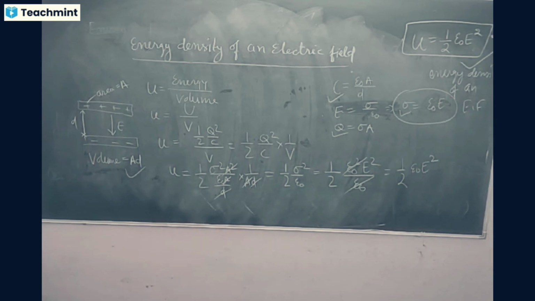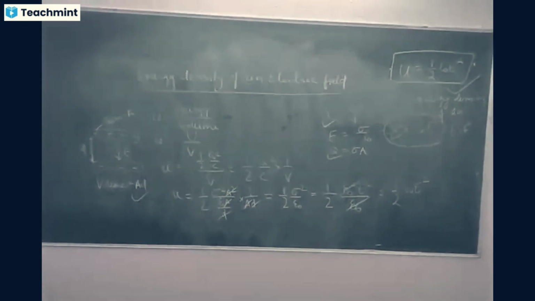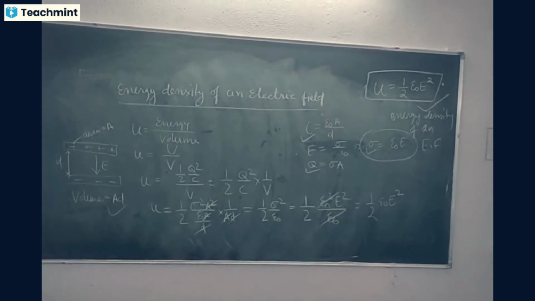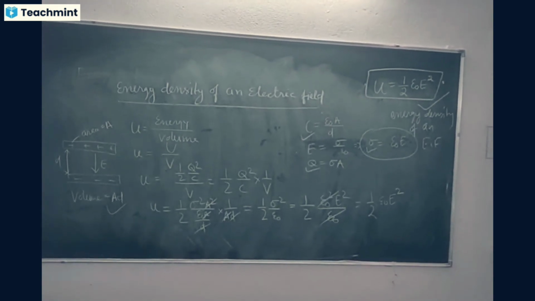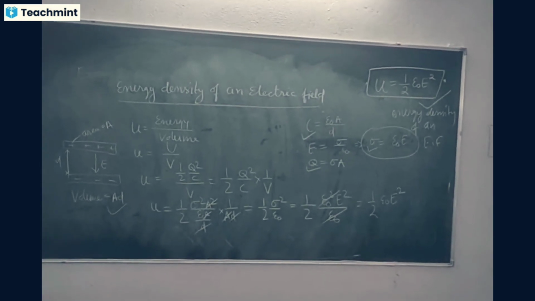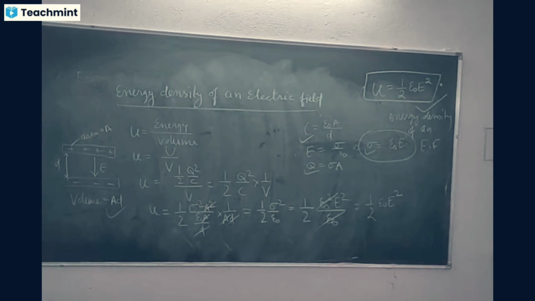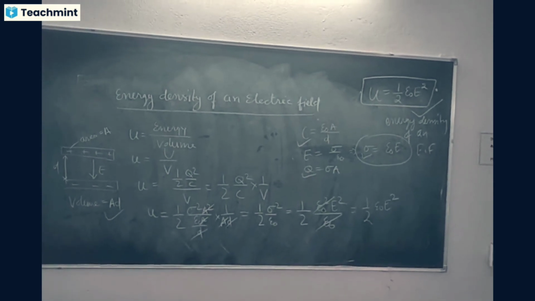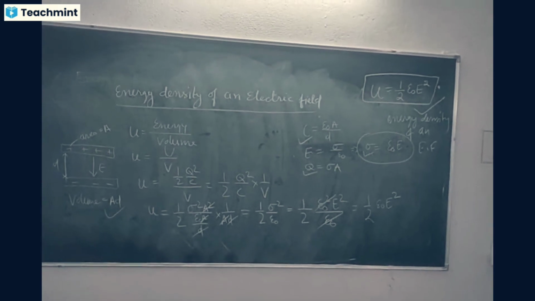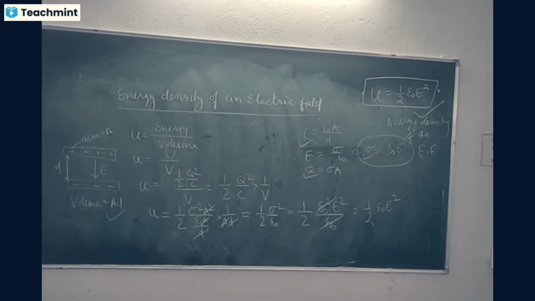One of the very important formulas till now. These two will come together sometime: the question is to find the energy stored in a capacitor, and in the second part, to find the energy density of an electric field. So this is how you can find the energy density. Okay, please note it down, everyone.